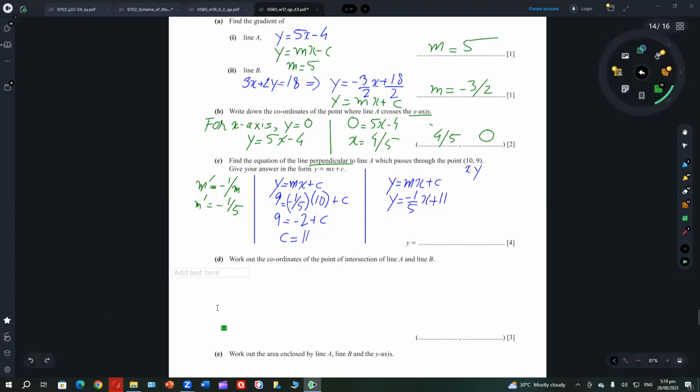Remember this concept, this is how we find the point of intersection.